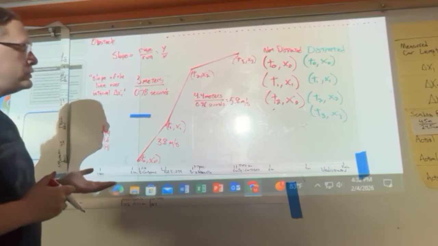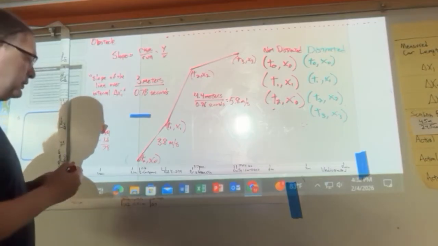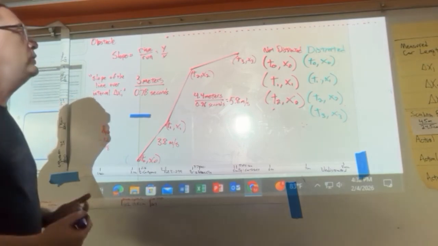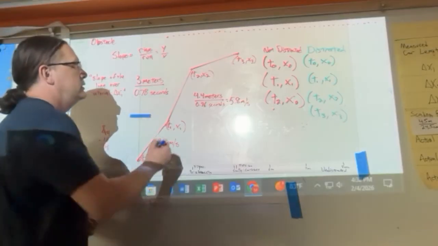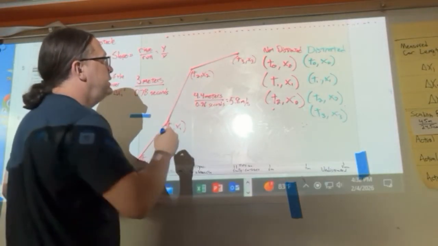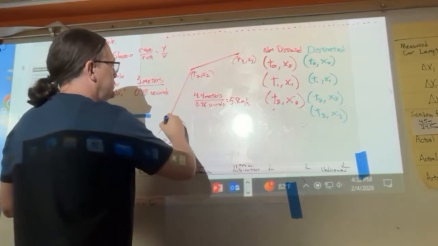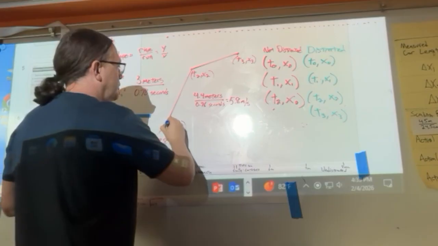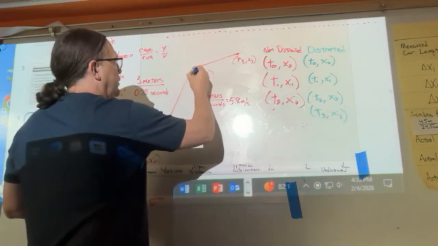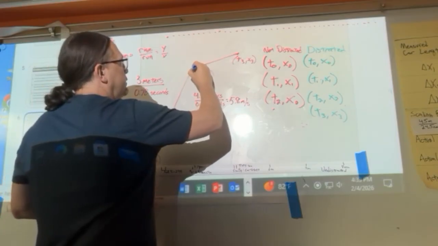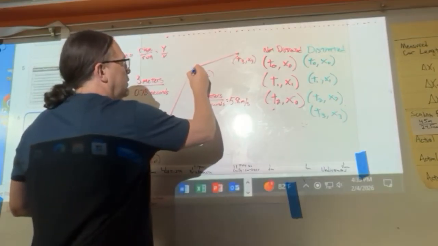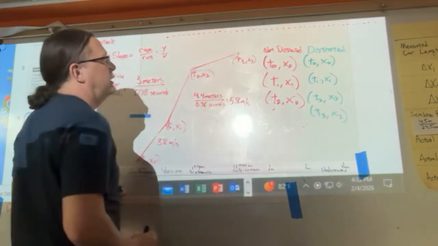How would you draw any of these lines differently to more accurately show the change? Was this a steady decrease in speed, or would you show this more like a curve or a positive curve? Or would you show this like that type of curve or this type of line?